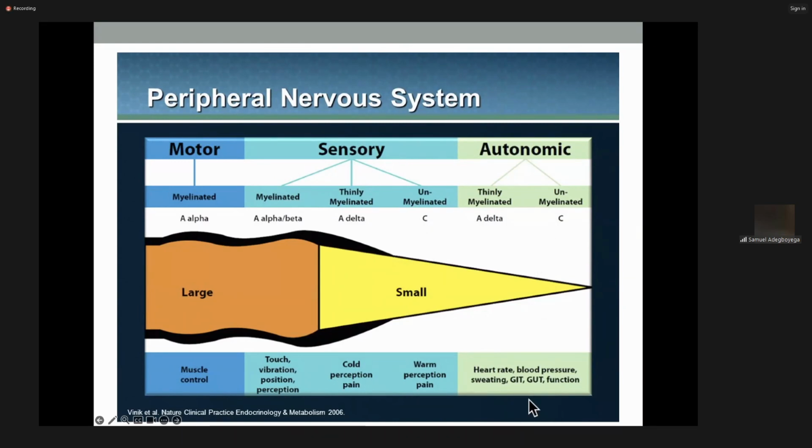If we go deeper, and I ask you, when it comes to small fiber, what are the symptoms you see in small fiber? Even though in sensory this way it gets confusing. Sensory neuropathy includes pain, cold, warm perception, and vibratory and stuff like that, right?